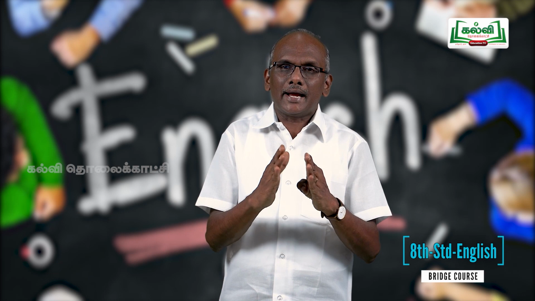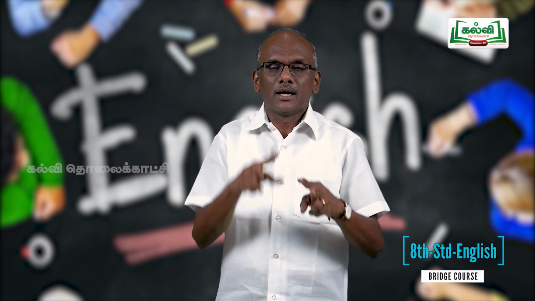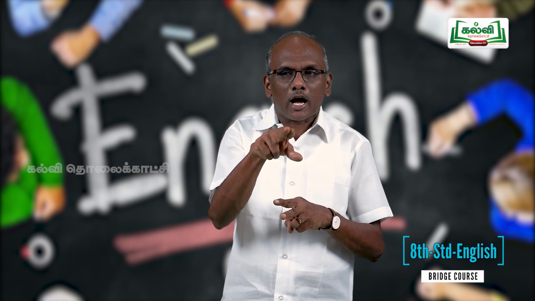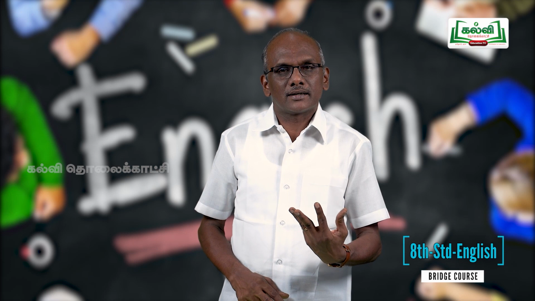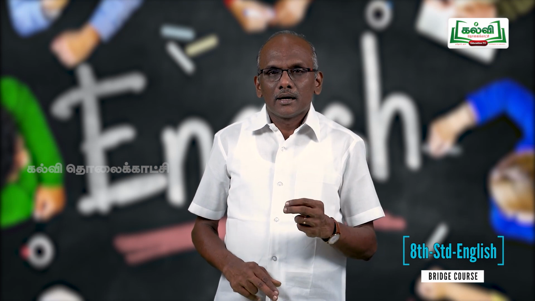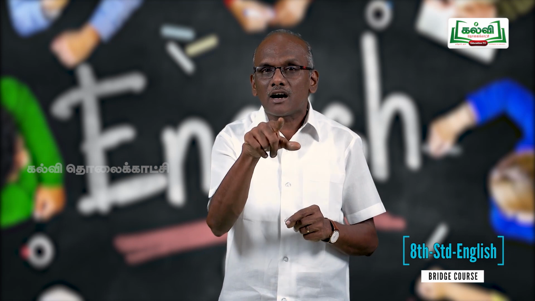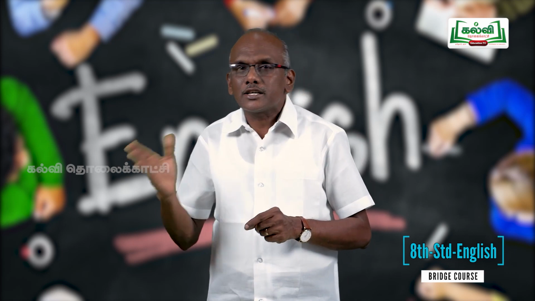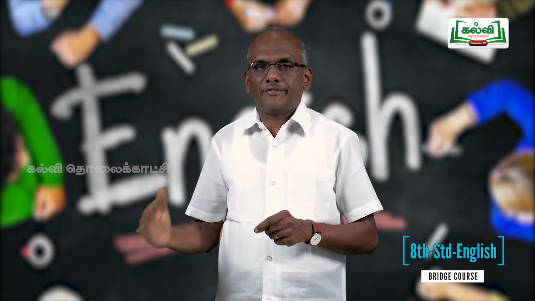C-H, we don't divide C as one consonant and H as another. They come together and we pronounce as one sound. Like that, elephant, E-L-E, but we don't divide PH. We pronounce it as one sound, so it goes into another syllable, P-H-A-N-T, elephant.